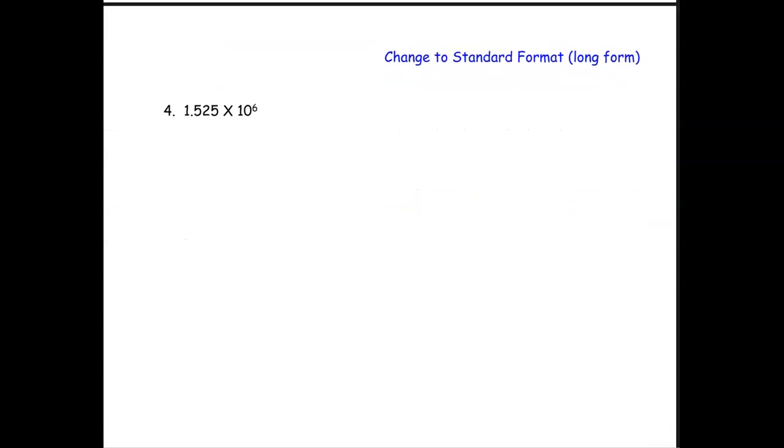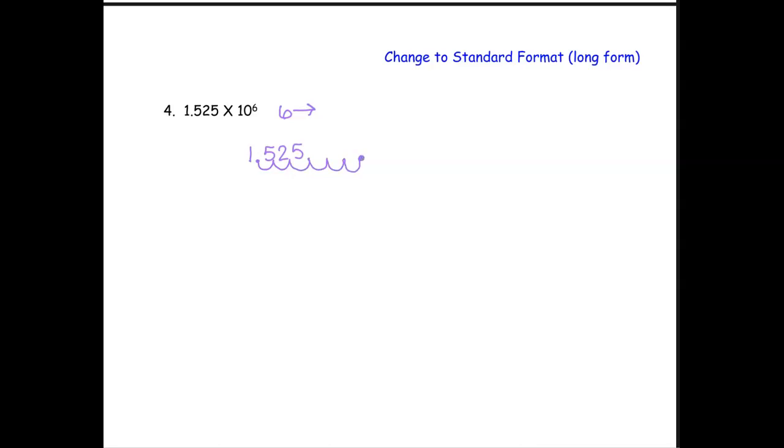Number 4, aha, we don't have the exponent of 7, we have a 6. And since it's positive, that tells me that I'm going to have a very large number. So I'm going to move 6 places to the right. So I write my number, and I'm going to move 1, 2, 3, 4, 5, 6.